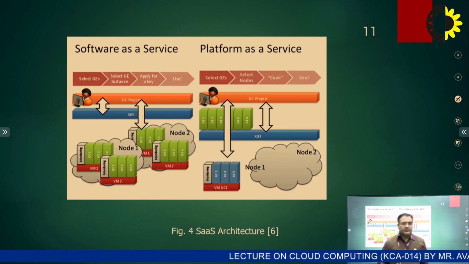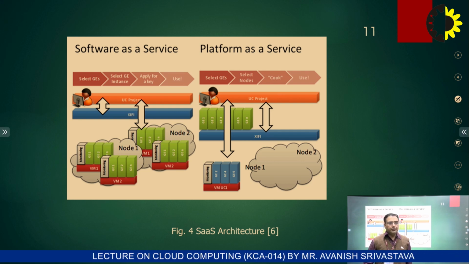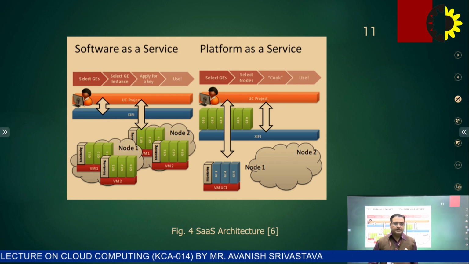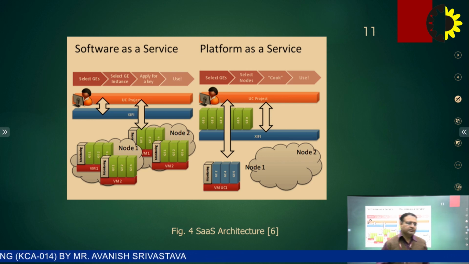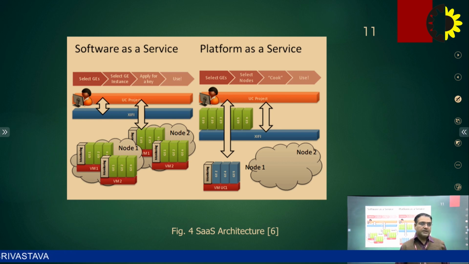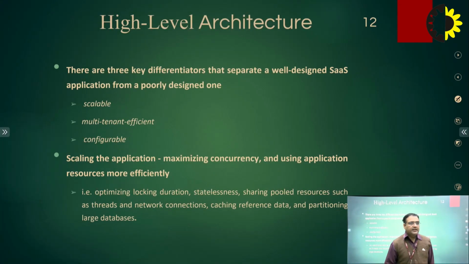Here we are mentioning the virtual machines as node 1, node 2, node 3, node 4, and what operating systems are available for particular nodes, that means platform. This is known as platform as a service. And what type of application is to be run or installed on a particular platform, that is software as a service. Next, high level architectures.